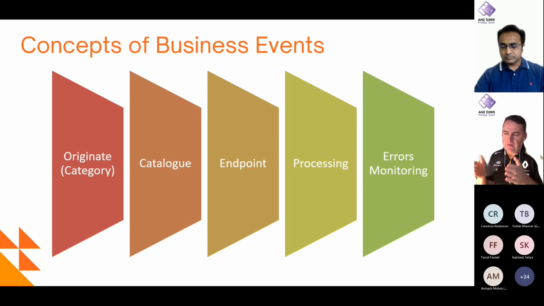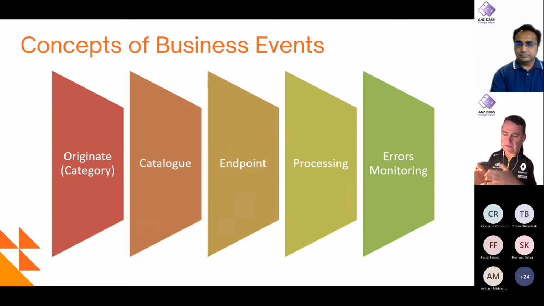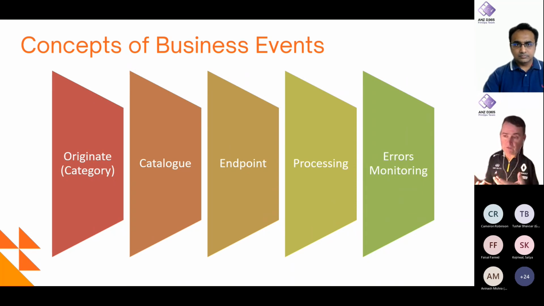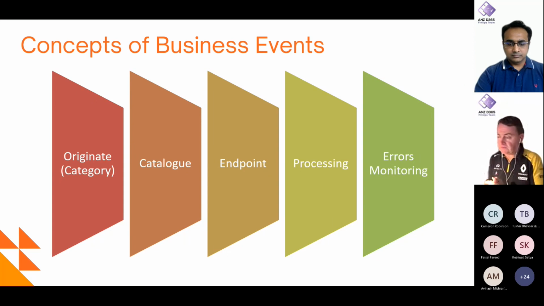So it's important that there is a catalogue, a library of business events that are supported that can then be published and made available. Another concept is endpoints, which is the definition of where an endpoint is going to subscribe and start using any of the business events. There's the processing of the business events, and then there's the monitoring of any errors that might appear.